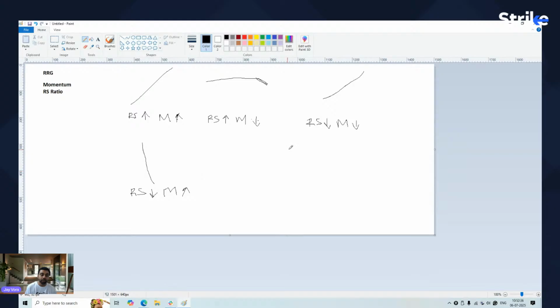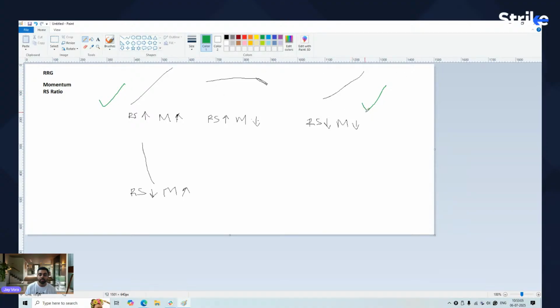Now, the very strong moves are this and this. Wait, let me do it with some other color. So this one is a very good move and it suggests that it's in a strong uptrend, or rather not uptrend, but it is strongly outperforming.